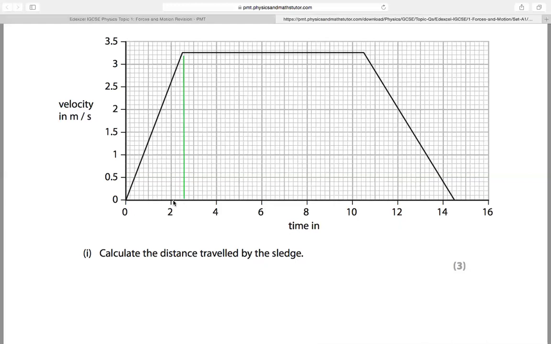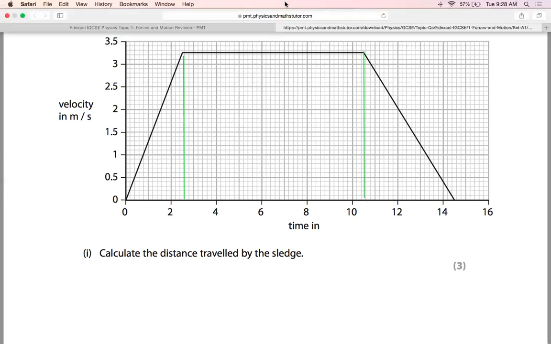The length here is 2, 2.1, 2.2, 2.4, 2.6. This is 2.6. And then from here to here is 3.2. You take the measurement from the graph. Does that make sense? You take all the lengths based on the units on the graph. Okay, so everyone try, divide it into segments, try finding the area of each shape, and then you add it all together.